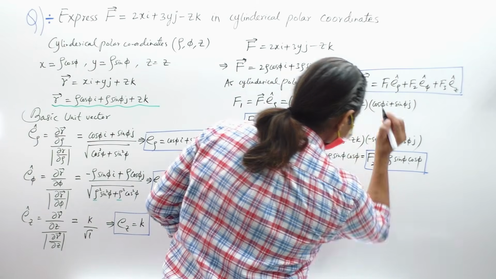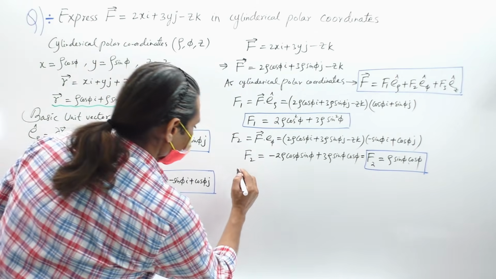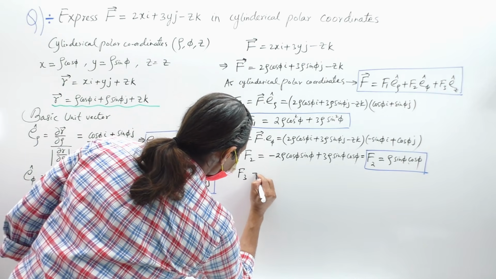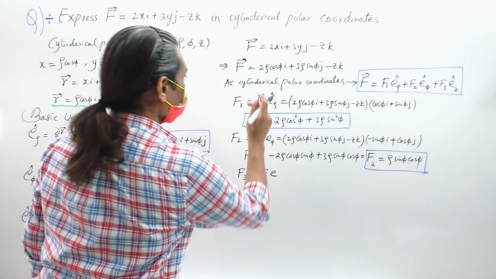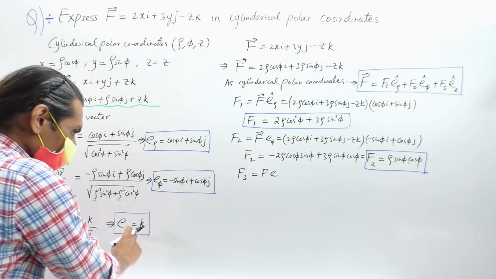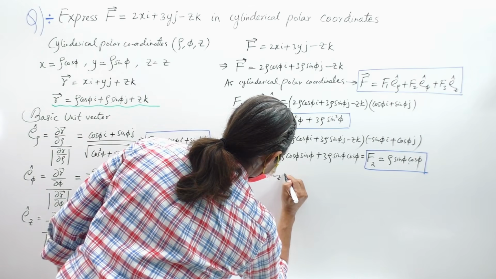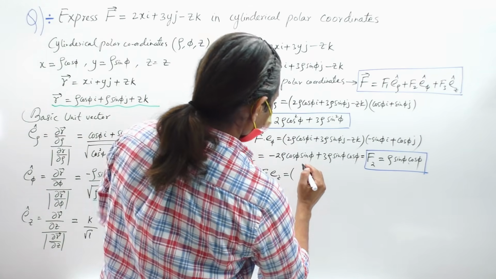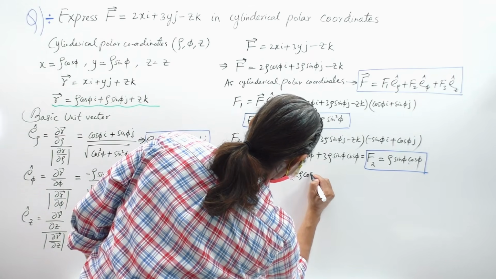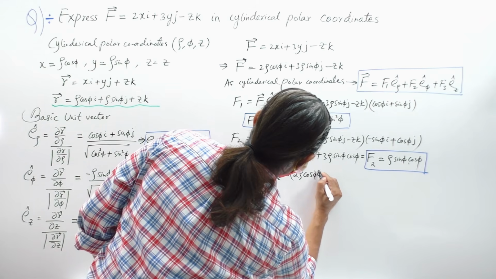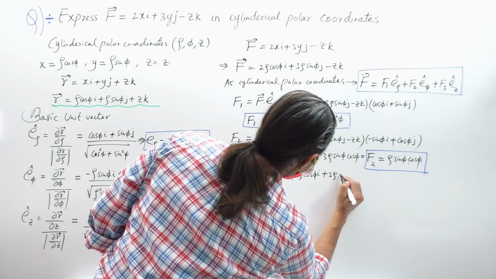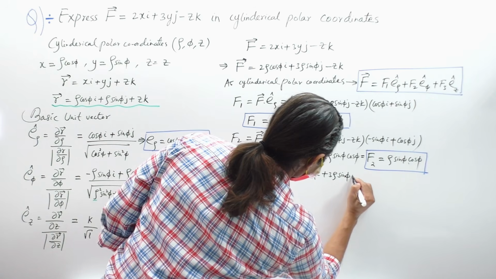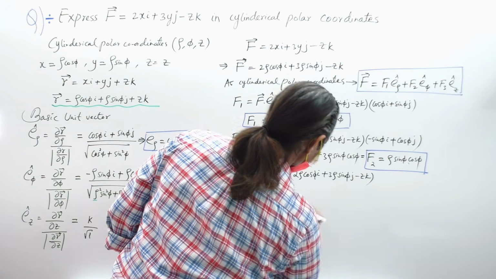Now, next we need to find F3. F3 will be equal to F dot e_z. That will be 2ρ cos φ i + 3ρ sin φ j − z k, dot e_z.